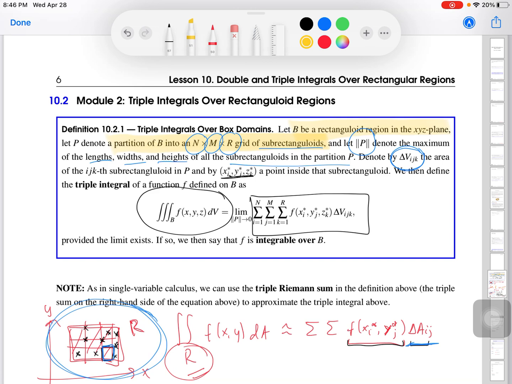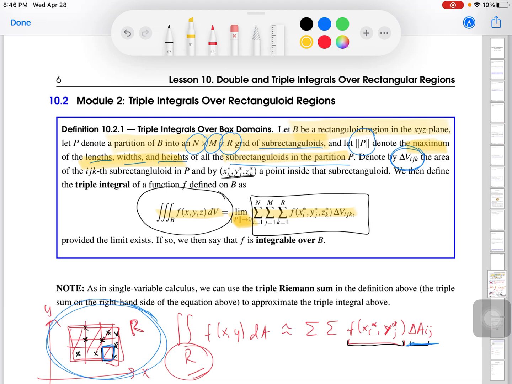And then, as before, when we take the limit as the maximum of the lengths, widths, and heights of all subrectanguloids in the partition goes to 0, we're doing what we did in the previous video. We're partitioning our box into tinier and tinier sub-boxes. And then the triple Riemann sum approximation becomes an even better and closer approximation to the actual integral.